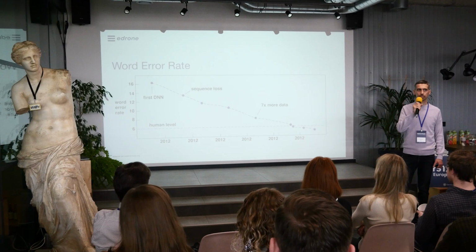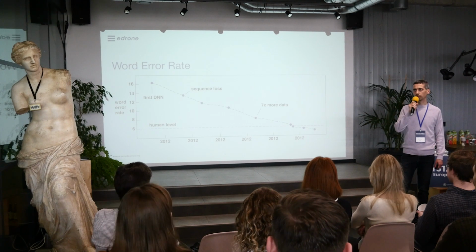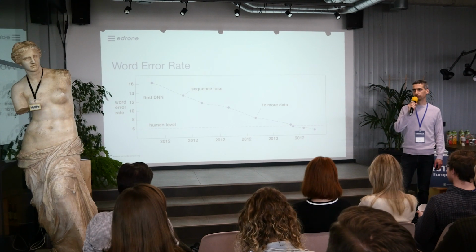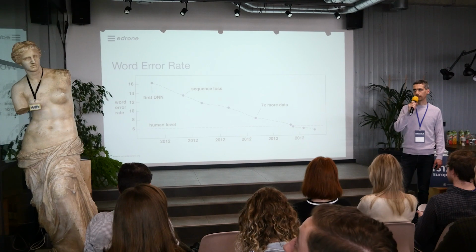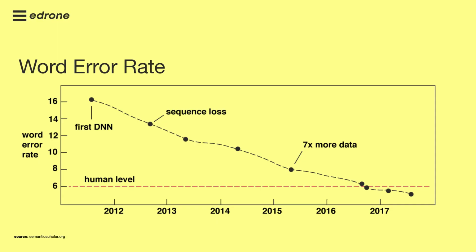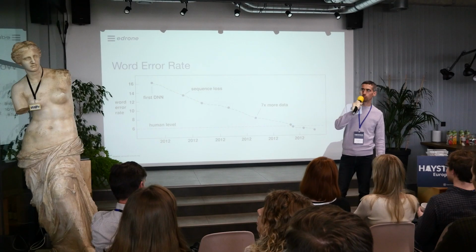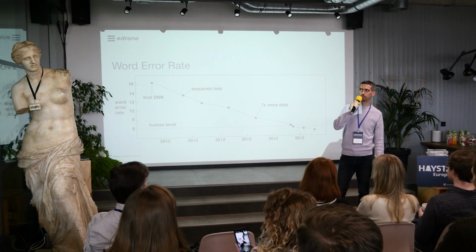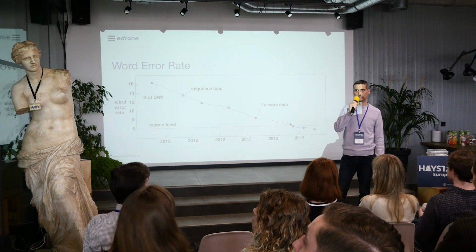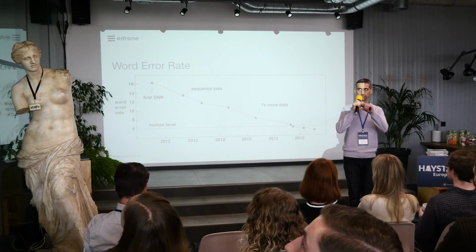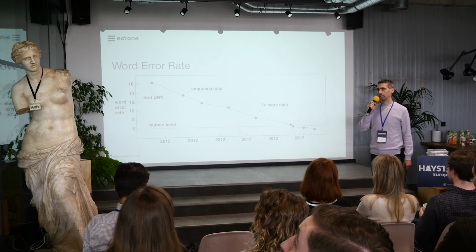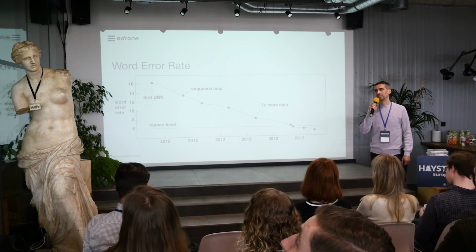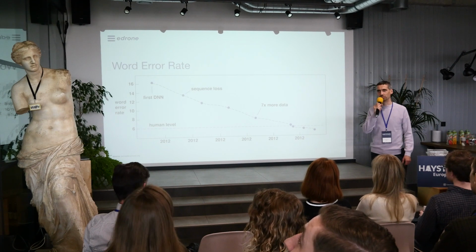It's a standard metric used to evaluate them, and you see a consistent drop. That's from more or less 2012 up to 2019 on the horizontal axis there, and the thing is that it actually exceeds the human level.